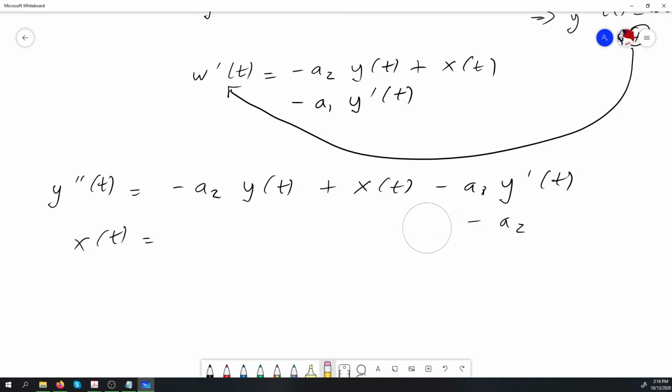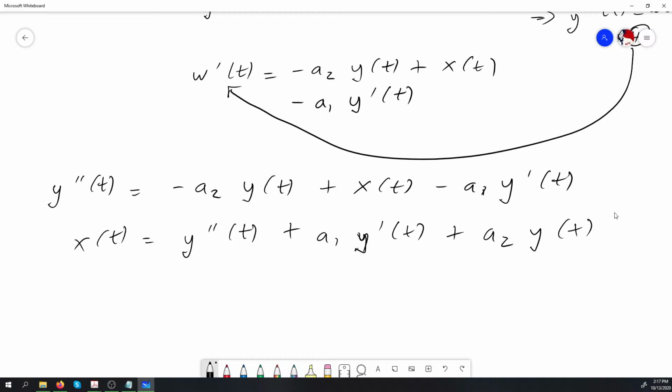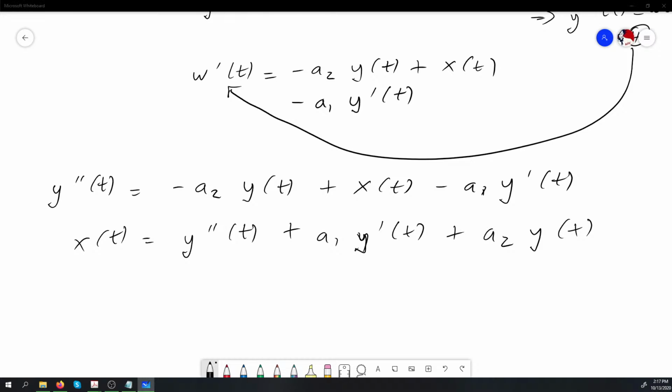Right, x of t remains on its own side. Okay, that's correct. So this becomes y double prime of t plus a1 y prime of t plus a2 y of t. And that gives us the mapping of x of t to y of t here for our problem.